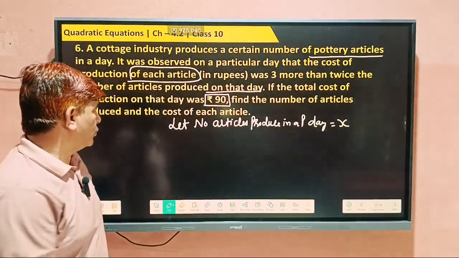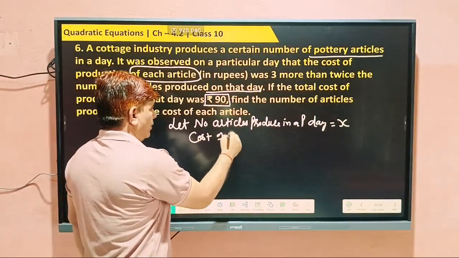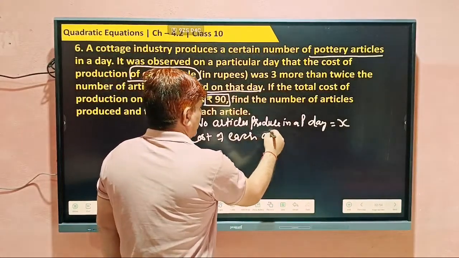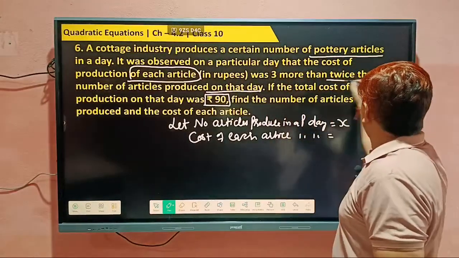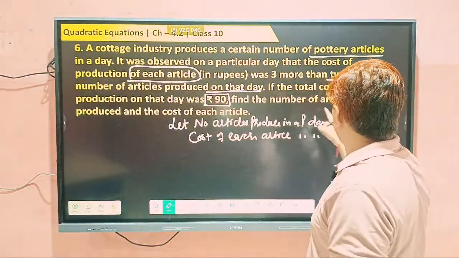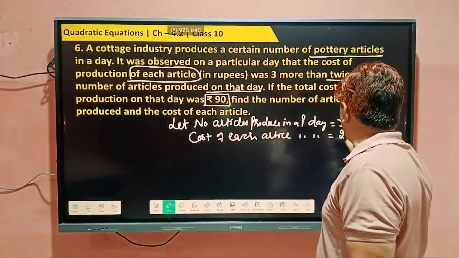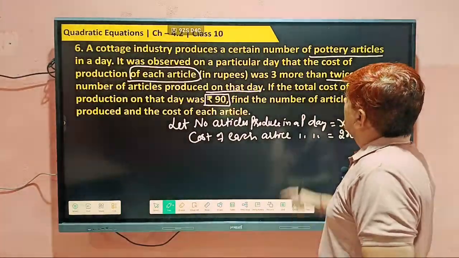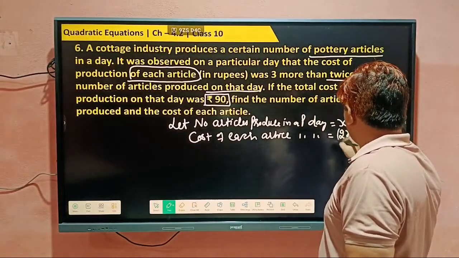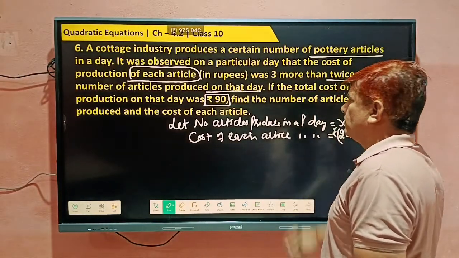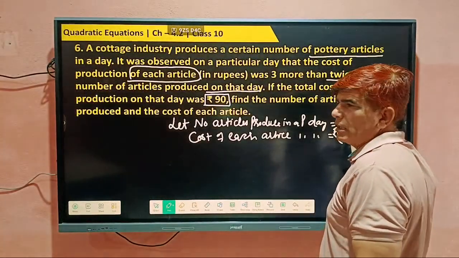And according to the question, the cost of each article on that particular day is twice the number of articles, twice of x. We are saying x is the number of articles, twice of it becomes 2x, and 3 more than it means plus 3. This is the cost of each article. If these are the number of articles, the cost of each article is this.